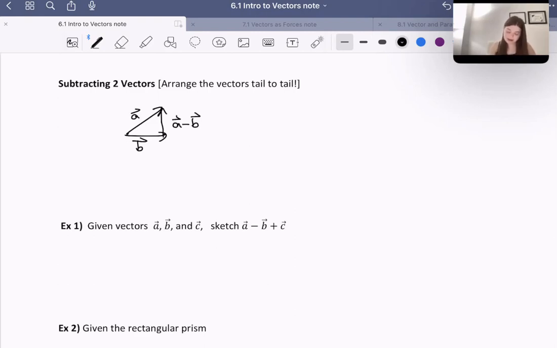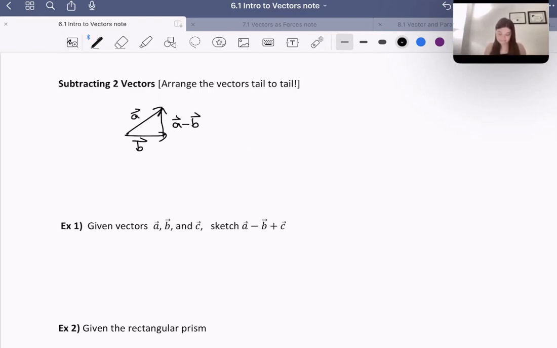So here we have them tail to tail. Because let's say I decided to go A, I went up here, and then we subtracted B. Well, where would we end up? So it's a little bit different. Here we're going to arrange tail to tail when it comes to subtracting the vectors.